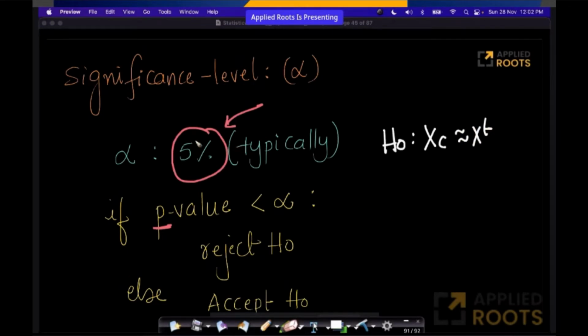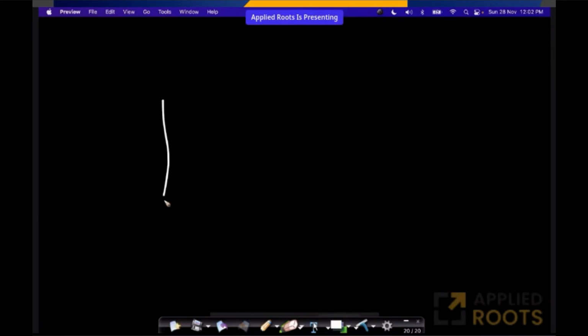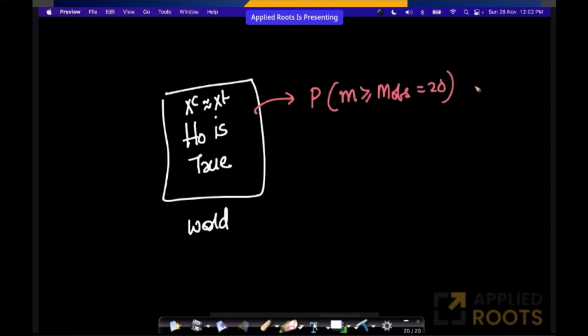Now the important question is, why did we pick 5% for this? We are saying, we have a world here. In this world, the null hypothesis is true. This is a worldview. It means XC is similar to XT in this worldview. Now, in this worldview, the probability of observing an M greater than or equal to M observed, which in our case was 20, is very small.